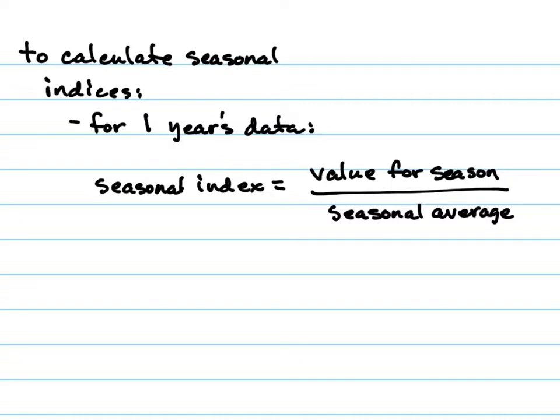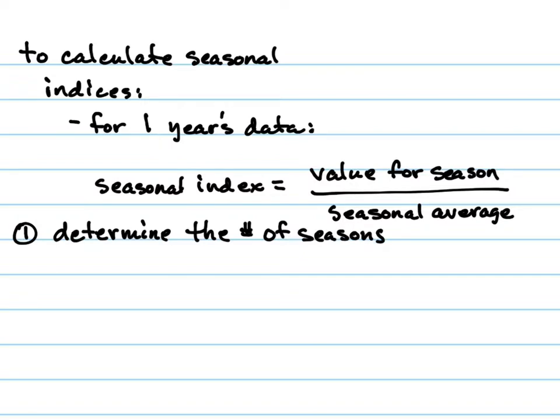So your first step: determine the number of seasons, right? Because that's going to give you the number that you have to divide by to get the average that you need, okay?